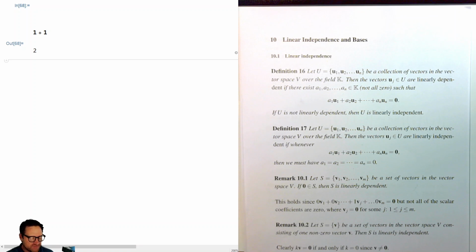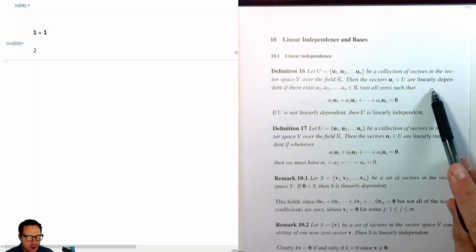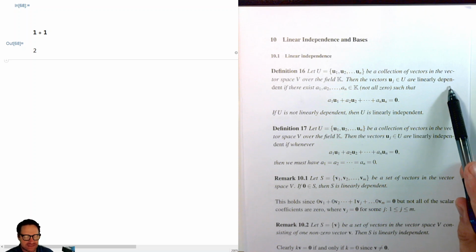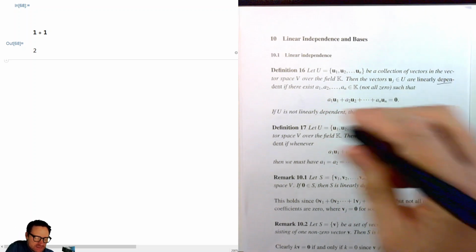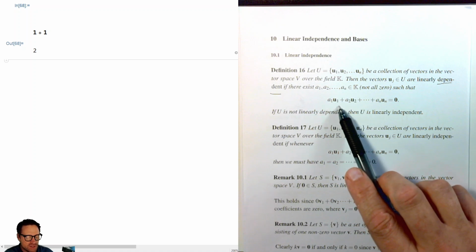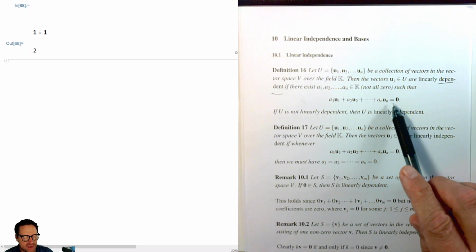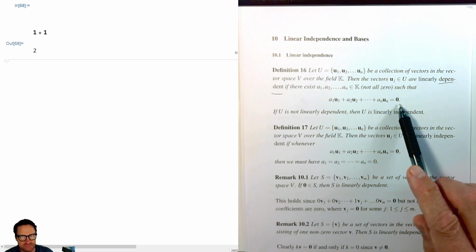Let U be a set of vectors, u1, u2, up to un, in a vector space V over a field K. Then these vectors uj are linearly dependent if there exist scalars a1, a2, up to an that are not all zero, such that a1 u1 plus a2 u2 plus etc. plus an un is equal to the zero vector.